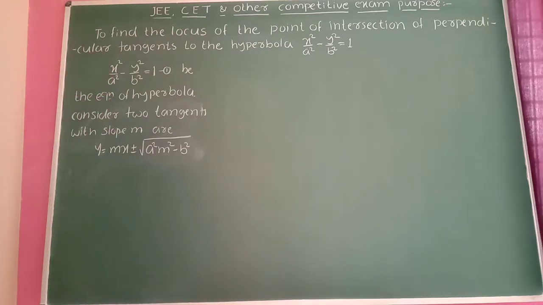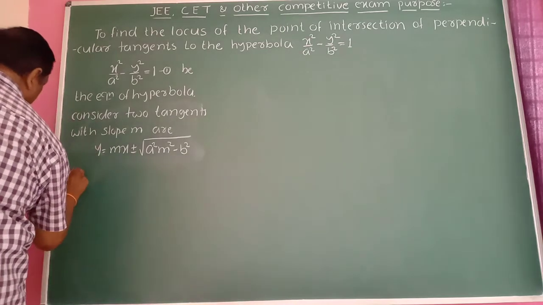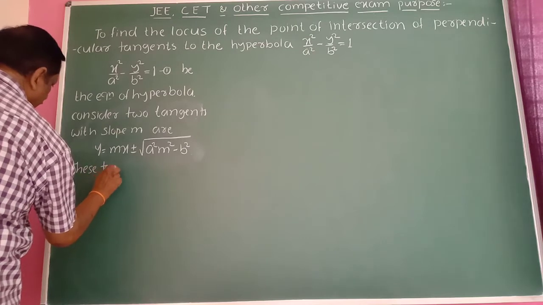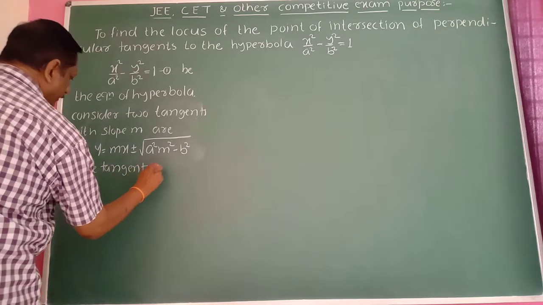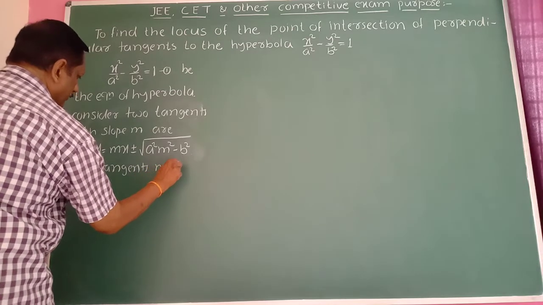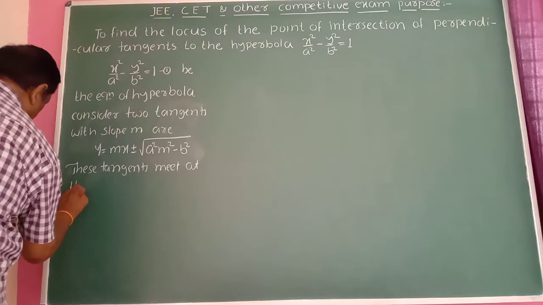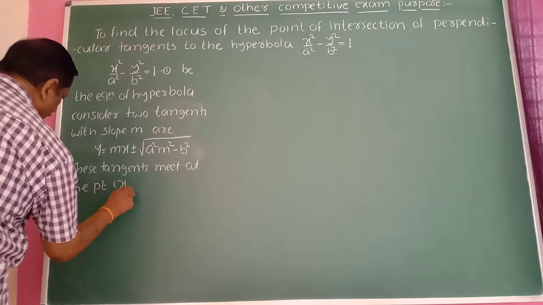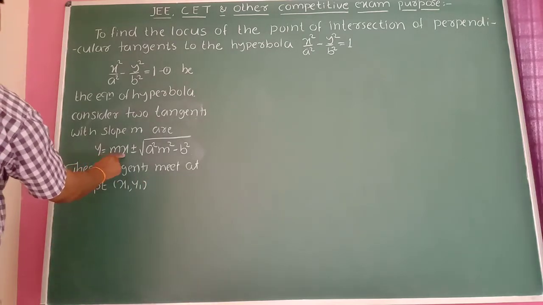Then these tangents meet at the point x1 comma y1 here. Therefore replace x by x1 and y by y1 here.